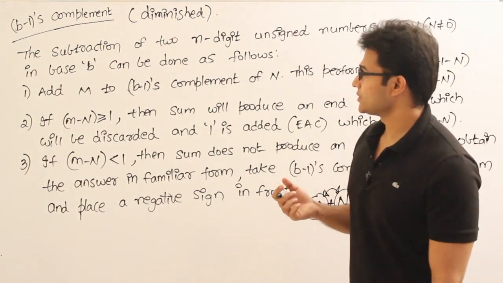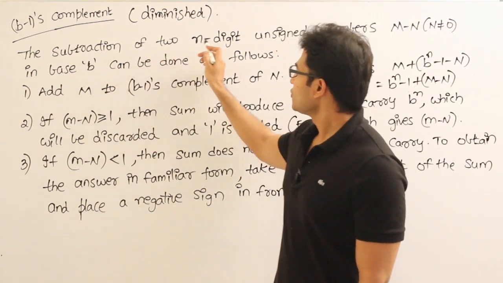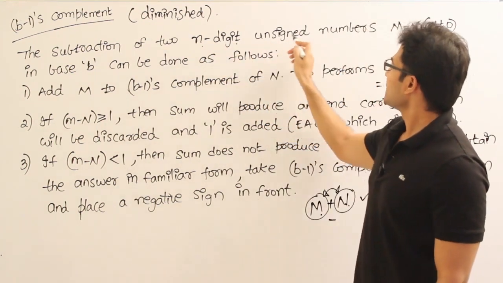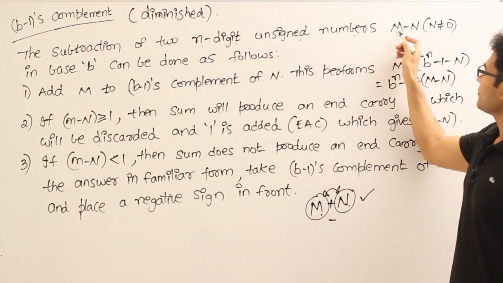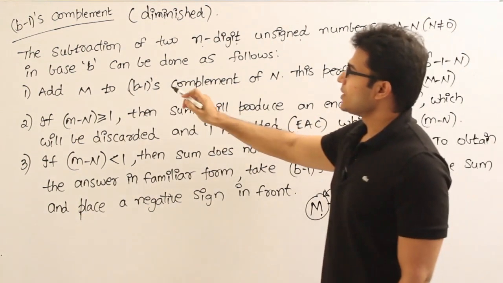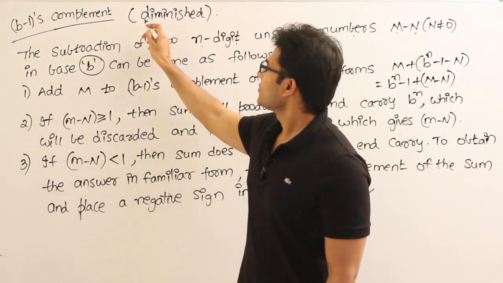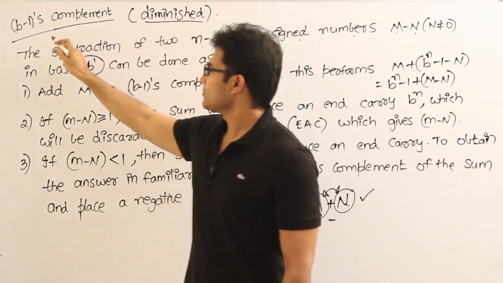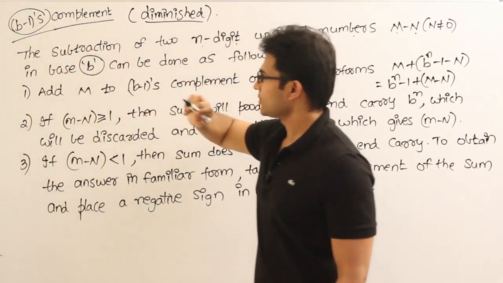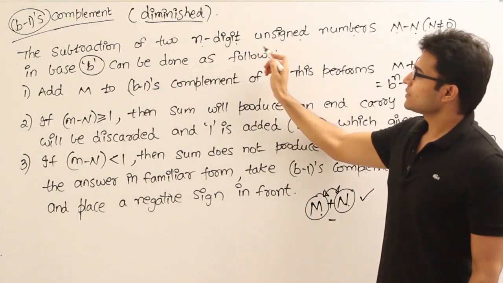Now see these steps. The subtraction of two n-digit unsigned numbers, m minus n, in base b. So we are talking about base b, and we are talking about the diminished radix, which is nothing but the b minus 1's complement. Keep that in mind. It can be done as follows.